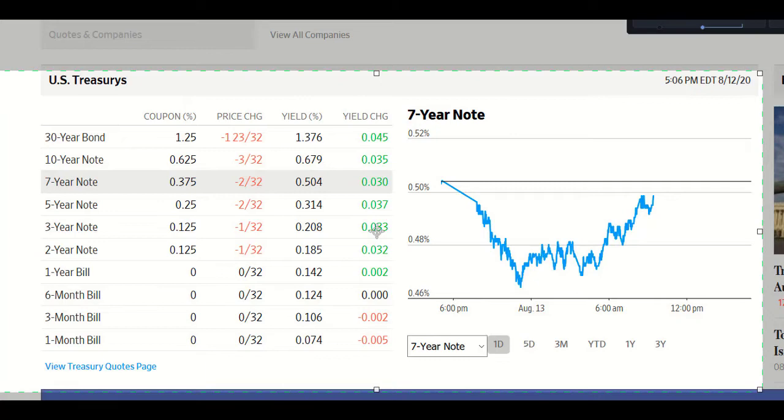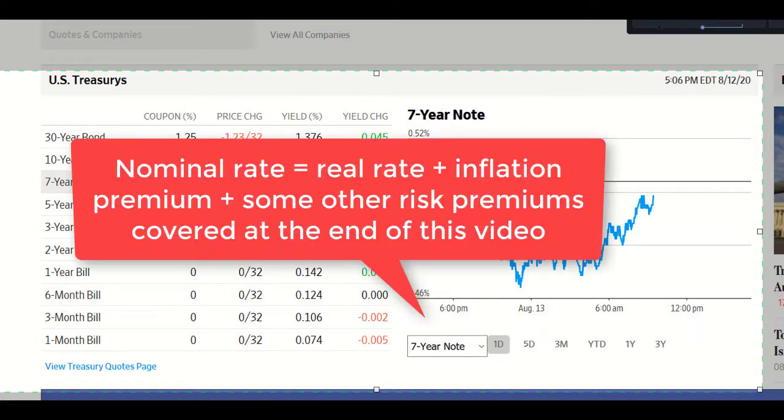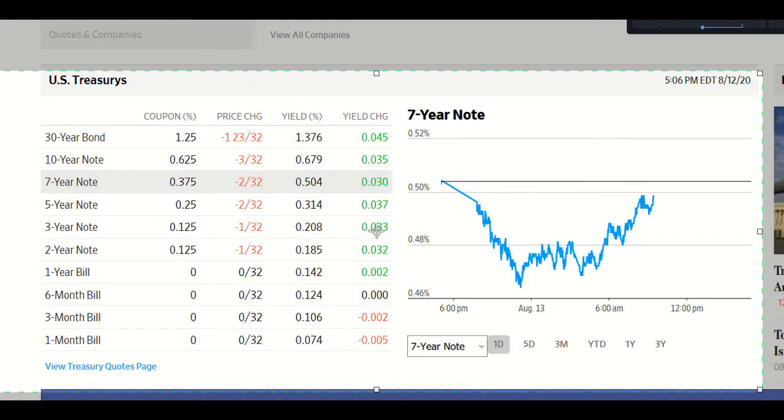Well, that means since interest rates, the nominal interest rates that we're looking at here, are a function of real rates plus an inflation premium, the inflation premium went up, and then the nominal yield went up, as you can see in the very right hand part of the table there. It's green, it went up. And so when yields go up, you know that prices go down.